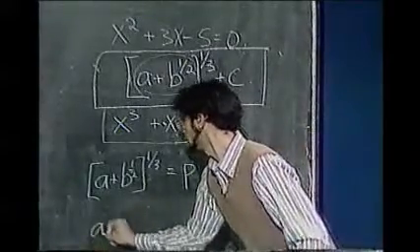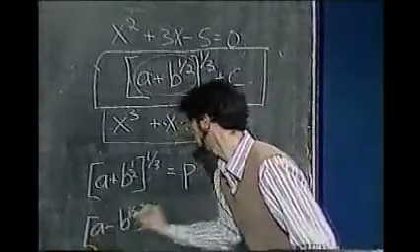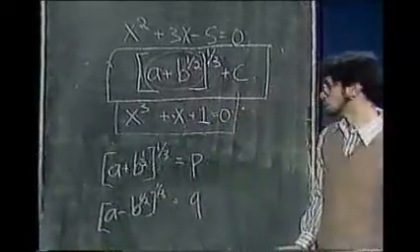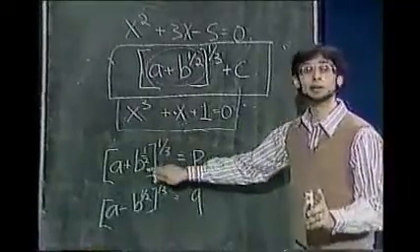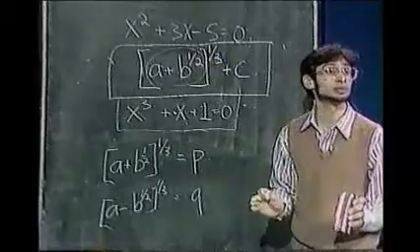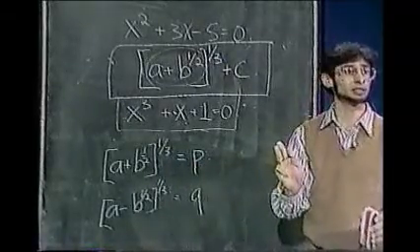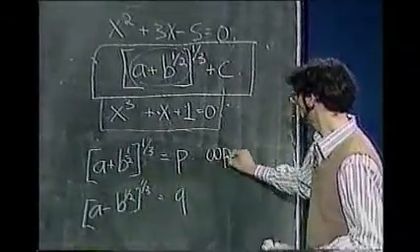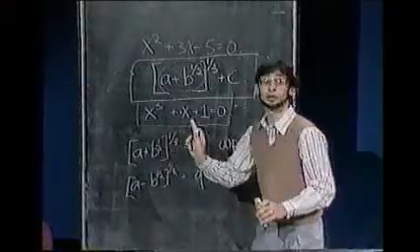And the one where you had the minus square root of b, we'll take the cube root of that and call it q. Now, just the same way that taking the square root of something gives two possible choices, when you take a cube root of something, there's three possible choices for the cube root. I'm going to call them p, omega times p, and omega squared times p. And I'll show you where that omega comes from.